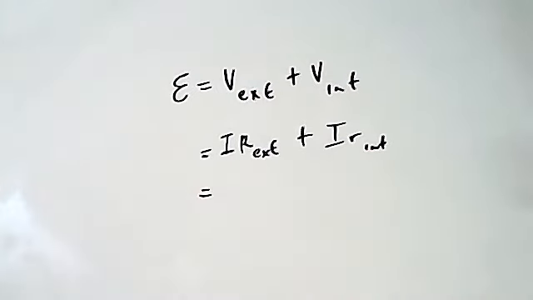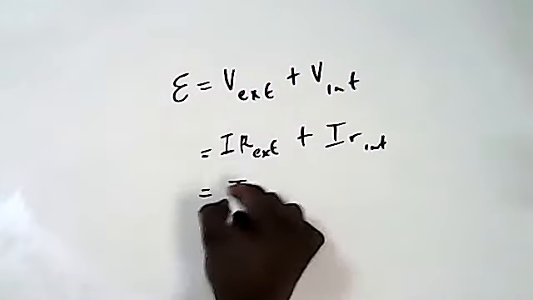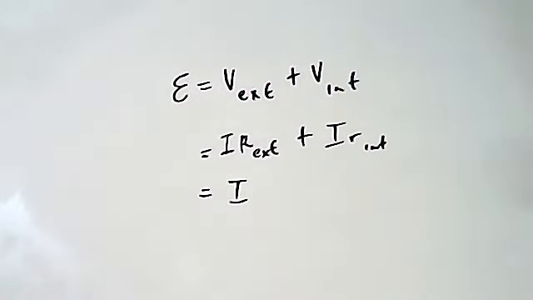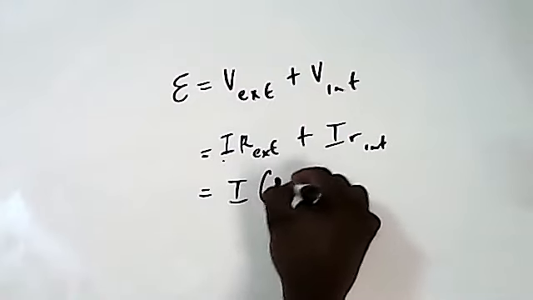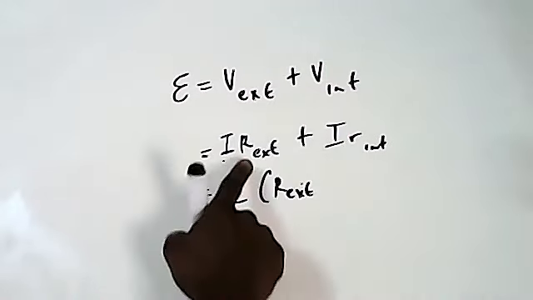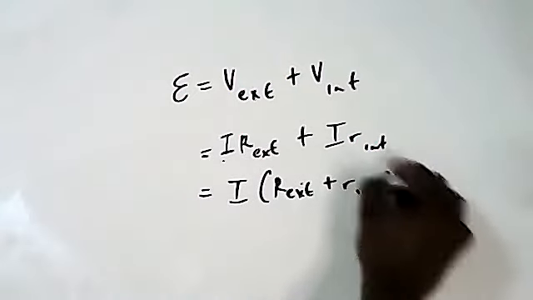So from here, you can see that mathematically we have a common factor, which is I, because the current doesn't change whether we are in the cell or in the circuit. The only thing that changes is the voltage, because the resistor will take some. It doesn't change the current. So we have the common factor I, and then we'll be left with R external plus R internal, right?